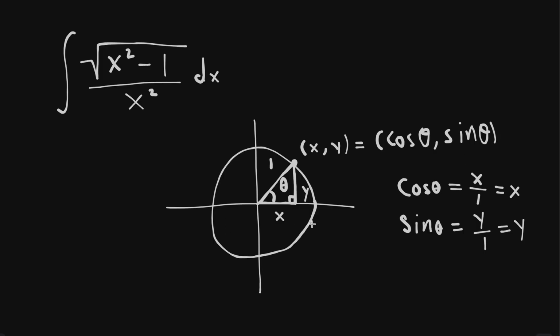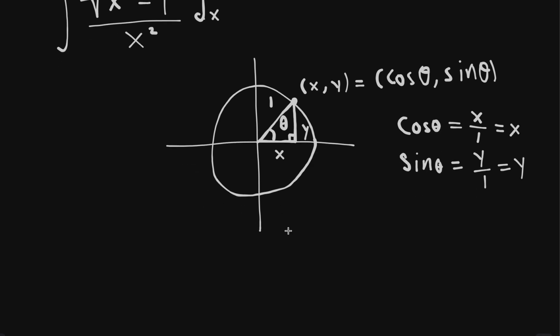Okay, so now we're going to discover the first important identity that we're going to need by using the Pythagorean theorem on this triangle. The Pythagorean theorem says that x squared plus y squared is equal to 1 squared for this triangle. Well, 1 squared is just 1, so x squared plus y squared equals 1.